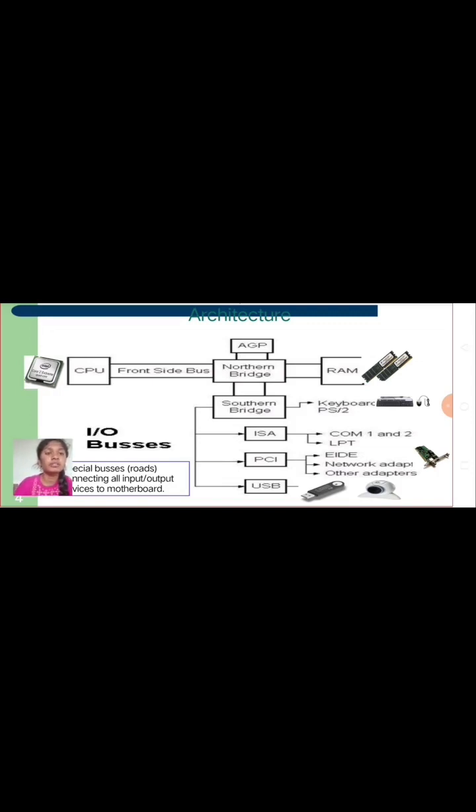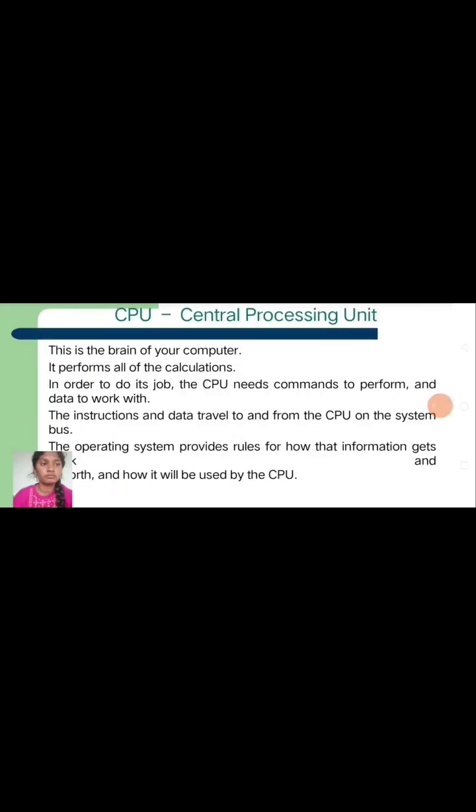Now let me see CPU and RAM. CPU, Central Processing Unit. This is the brain of your computer. It performs all of the calculations. In order to do its job, the CPU needs commands to perform and data to work with.